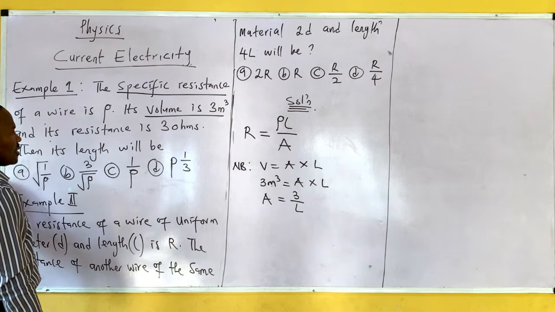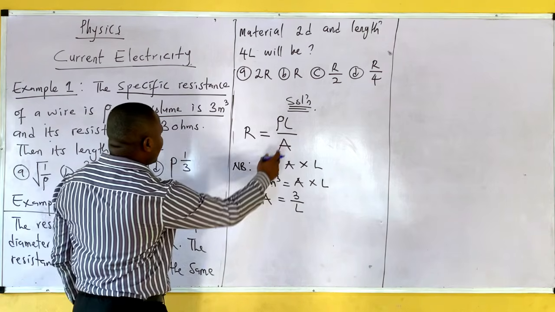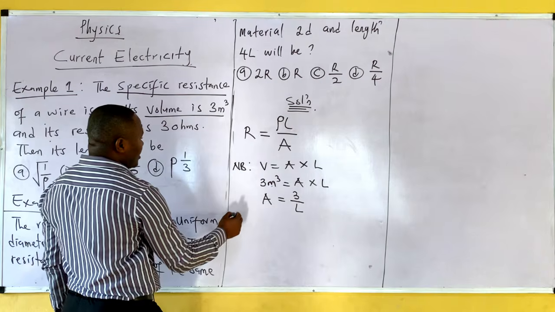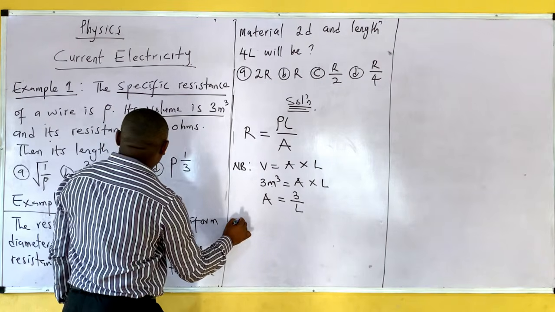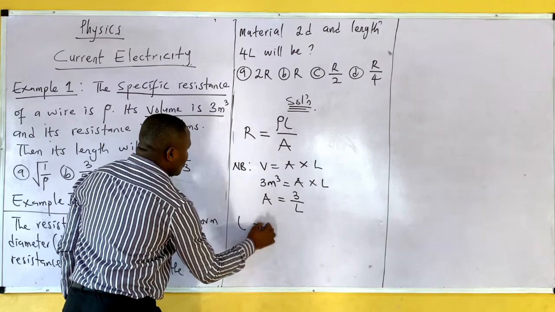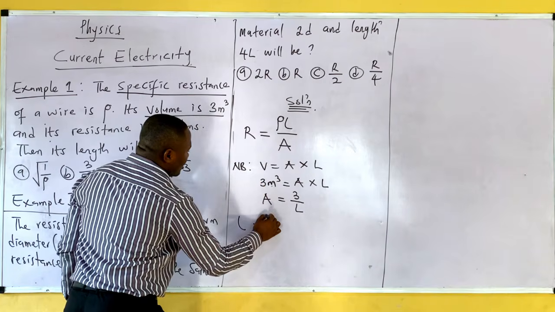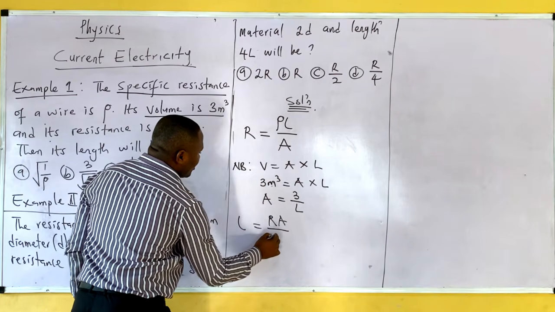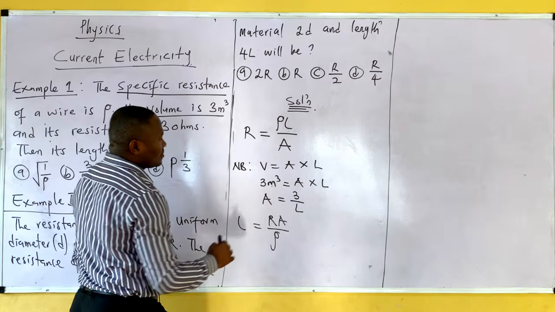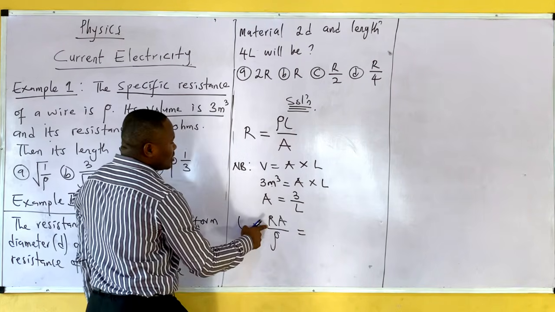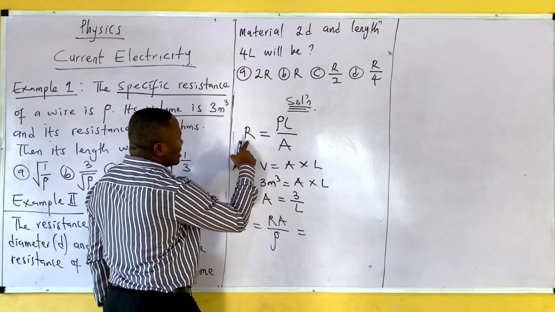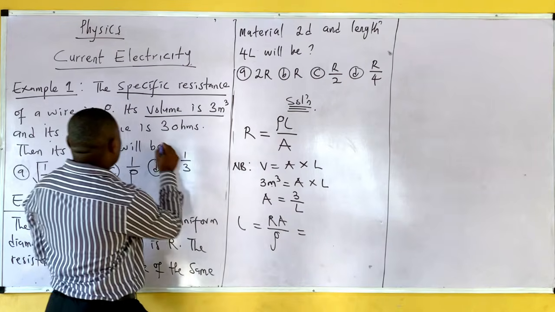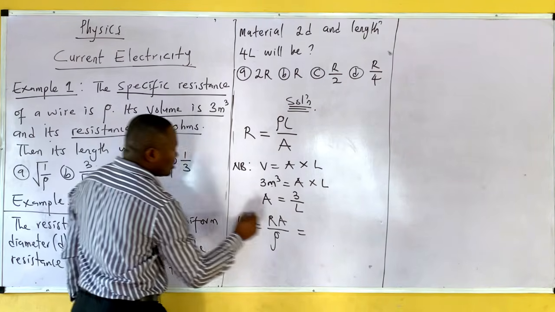Then what's the next thing now? I'm looking for the length. So now I will say, what is length? The length will be equal to, from here, resistance times A over resistivity, which is now equal to, what's our resistance? Our resistance is 3, that's the resistance of 3 ohms.